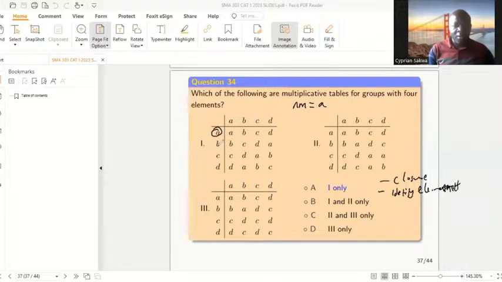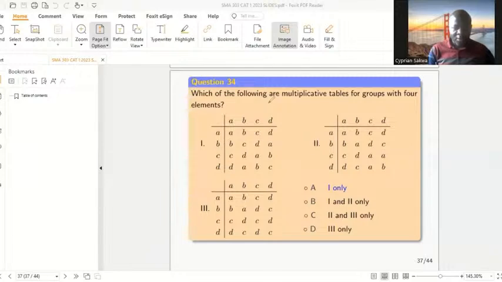The inverse of B is D, the inverse of C is C, and the inverse of D is B. So I think this forms a group, because it has the identity element A, and every element has an inverse.